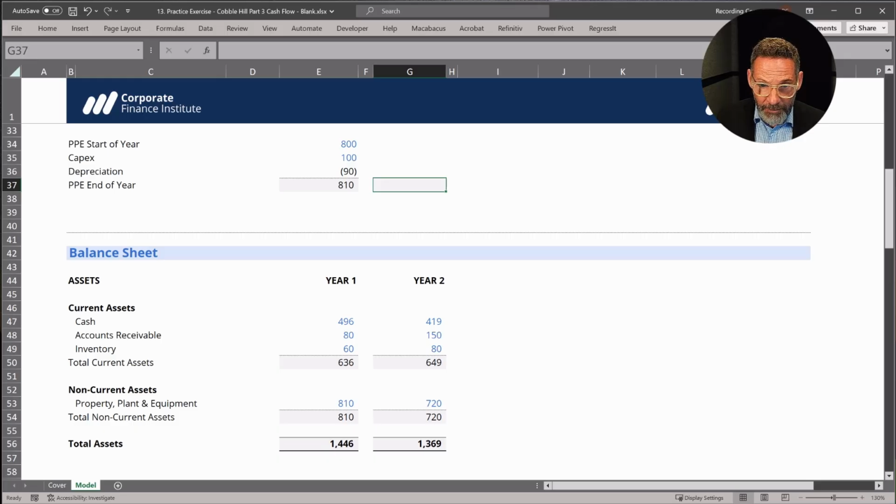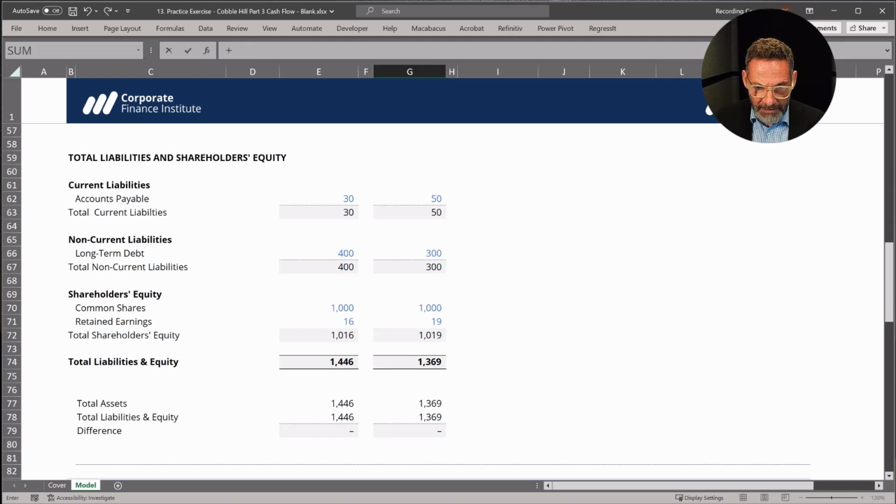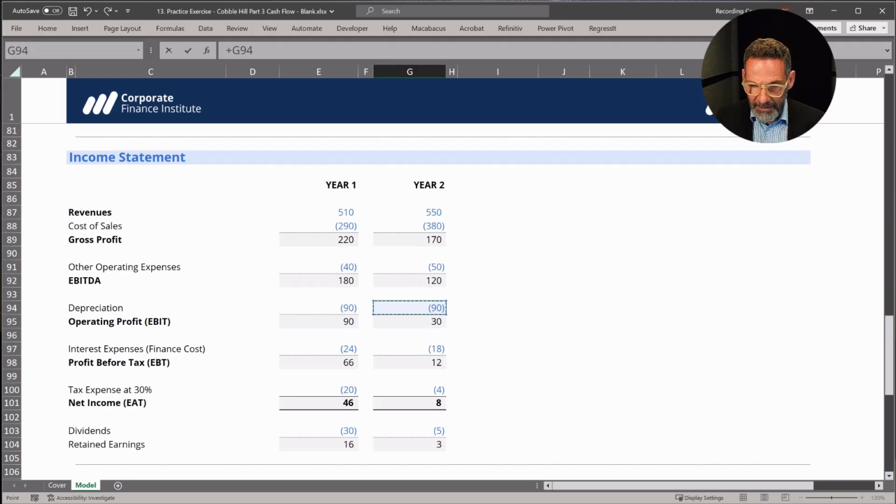So the opening balance for year two is the closing balance for year one. We also know that the PP&E at the end of the year is going to be on the balance sheet. It's $720. We also know that the depreciation expense is $90, but I'm just going to link it to the income statement.